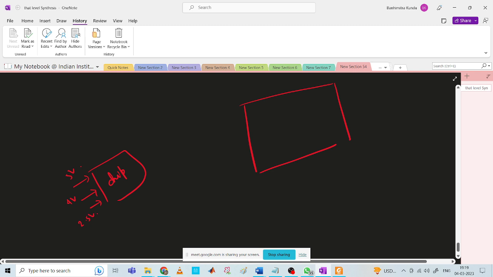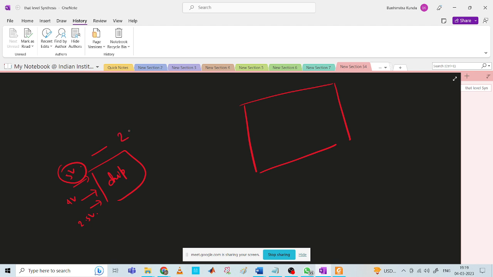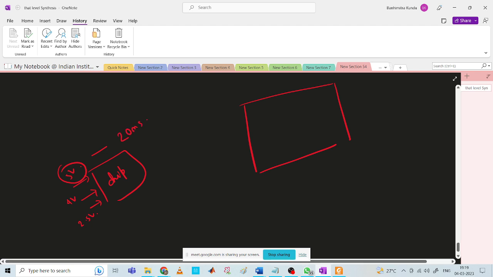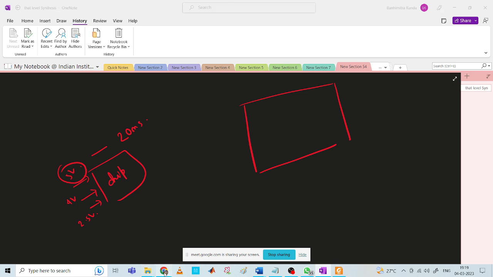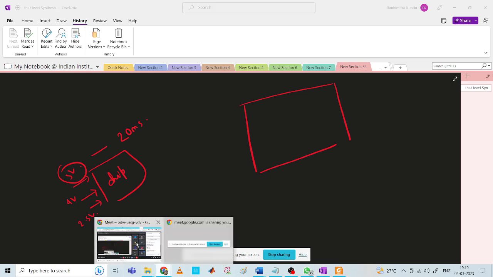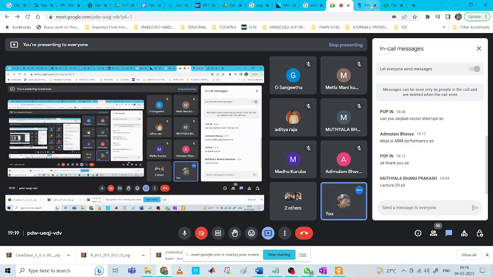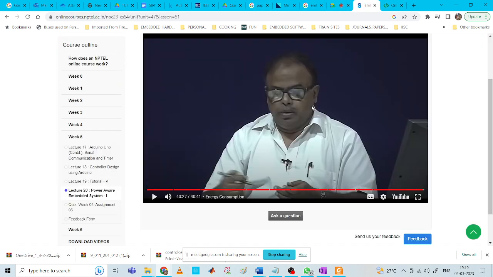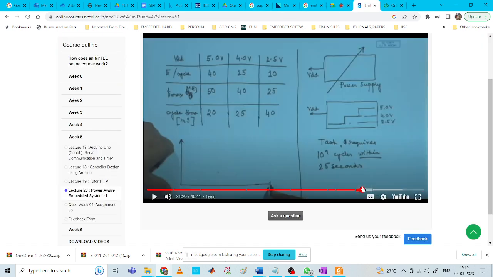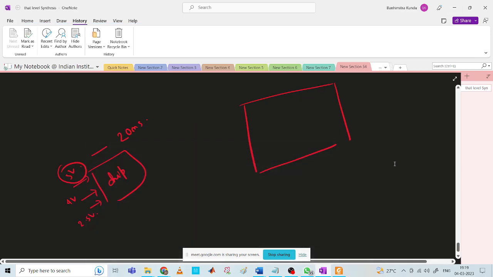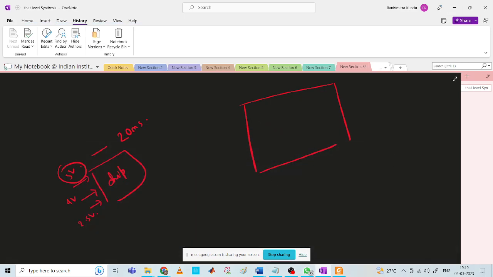Now when running at 5 volts, the cycle time can be 20 nanoseconds. This is what he is saying. And the energy per cycle is also given.